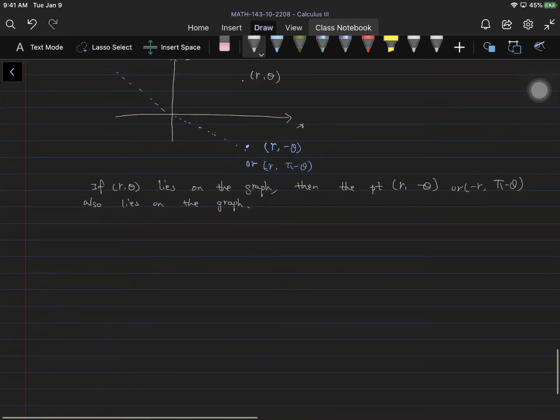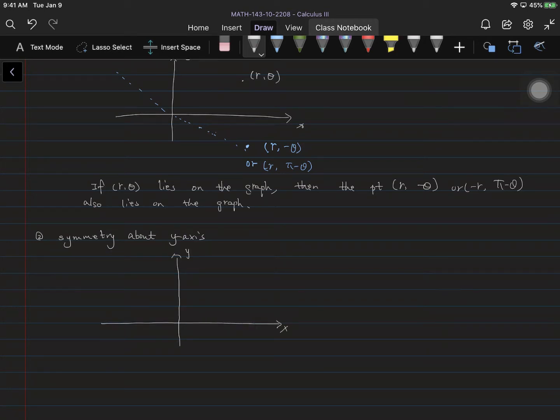Okay. The second, symmetry about the y-axis. You can also draw the same thing. I like to draw everything in the graph, because I don't want to memorize. If we can have this graph in our mind, we can always figure this out. Same thing, if we have point (r, theta) and it's symmetric about the y-axis, it should be there, right?